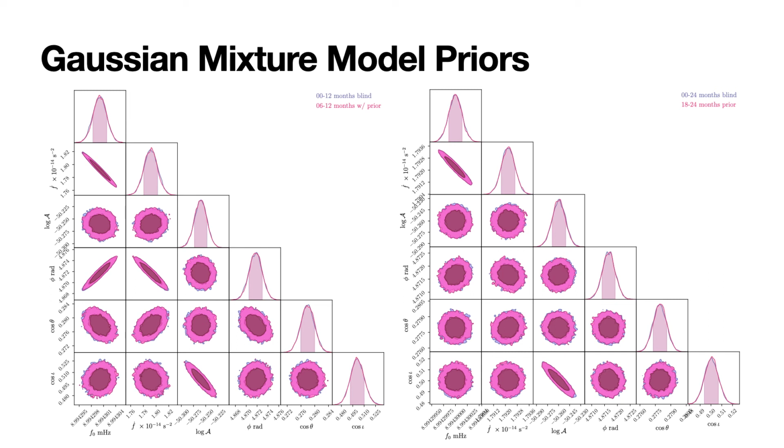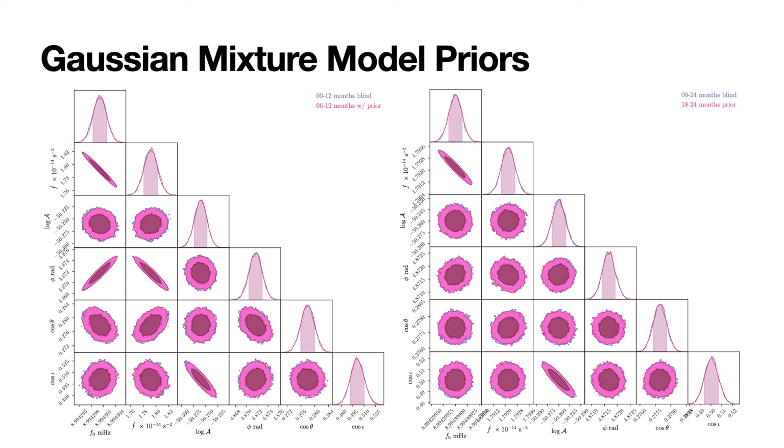The blue distributions are coming from analyzing the full data from the beginning of observations until the end, using our usual naive priors about what the source parameters can take. The magenta curves are analyzing the data in 6-month intervals, only analyzing the latest 6 months worth of data and just using the posteriors from the last analysis as priors for the current one.